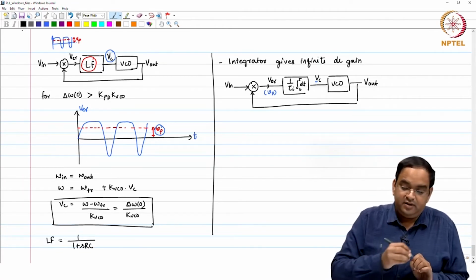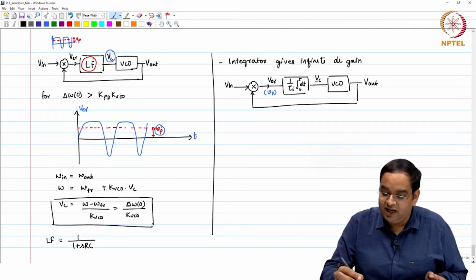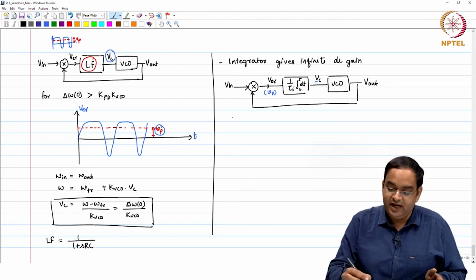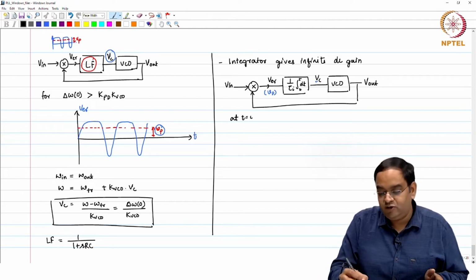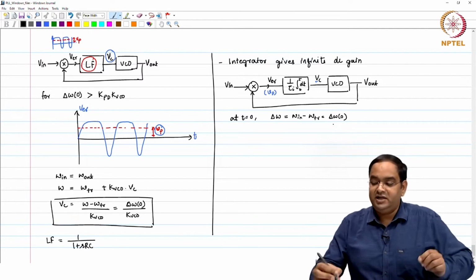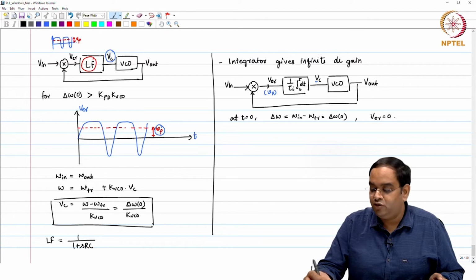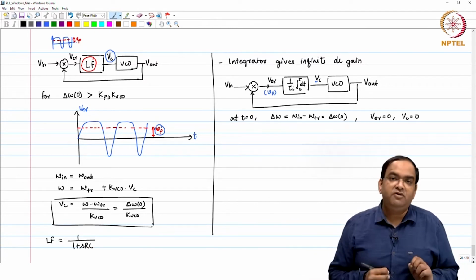But actually what happens is, when you have a large frequency error in this case and you start at time instant t equal to 0 with frequency error delta omega as omega in minus omega free, which is delta omega 0, all the initial values, V error was 0, Vc is 0 to begin with.